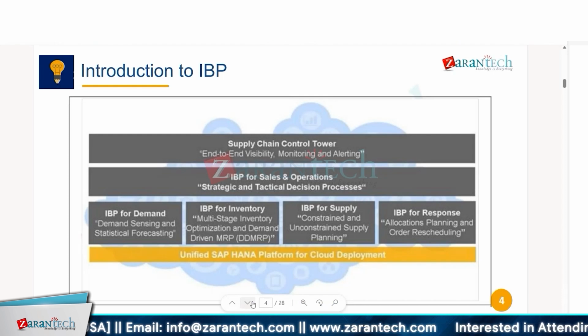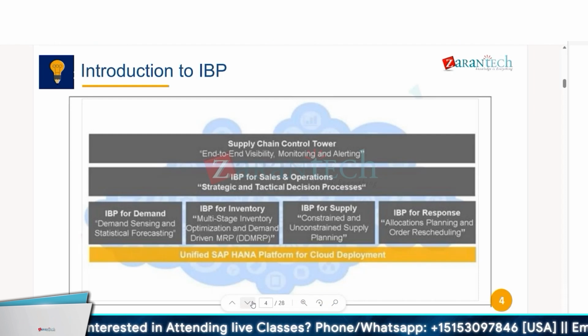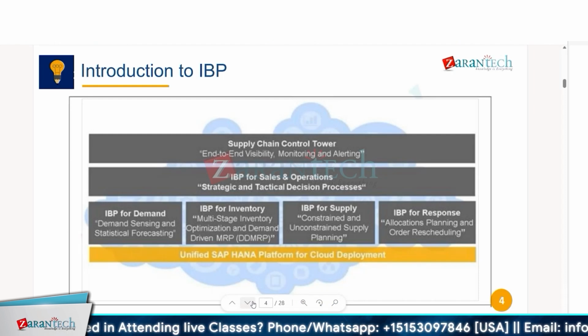When I say bottoms up approach, it talks about very transactional level activity, like the demand forecast, sitting with the commercial organization and discussing the forecast at the customer material level combination, challenging each other, stuff like that. So it starts off with a very basic activity within the organization, and then slowly moves on to the top management to give them a bird's eye view.